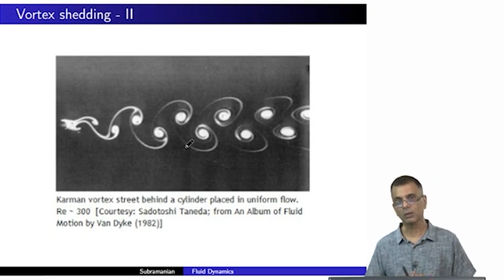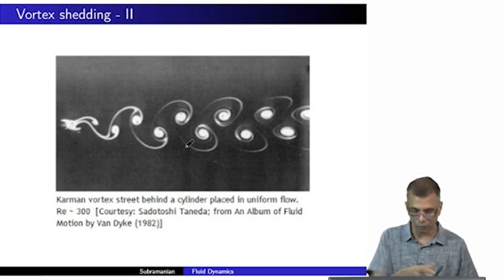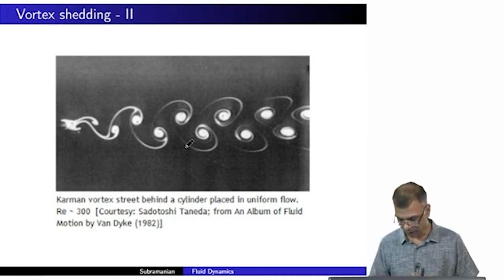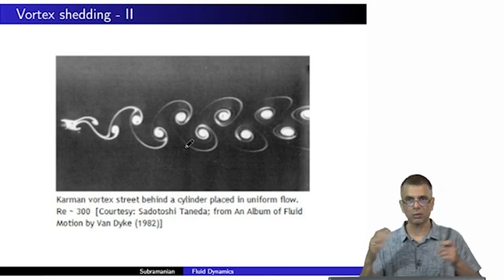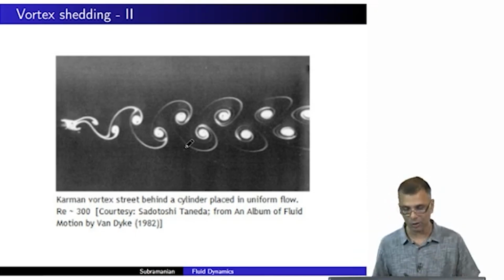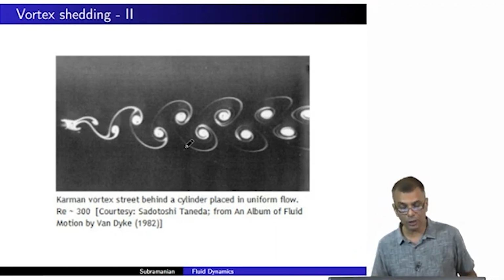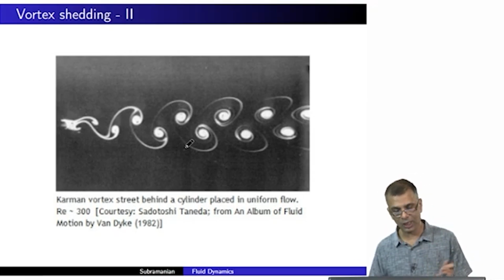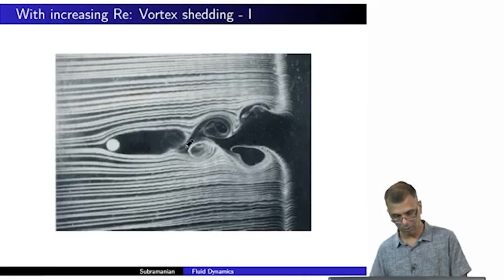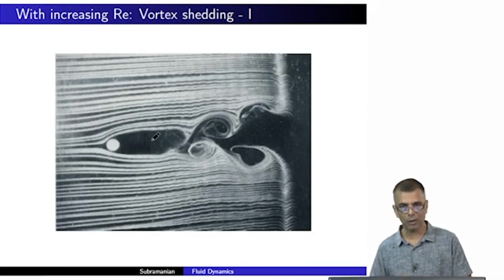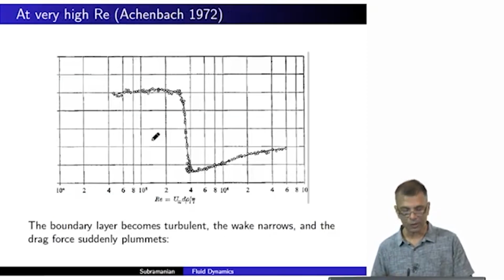I encourage you to Google some of these, vortex shedding in particular, and explore this subject yourself. For the time being, I simply want to emphasize that it's this phenomenon of vortex shedding behind the solid cylinder, behind this object, that is central to the phenomenon of drag at high Reynolds numbers.